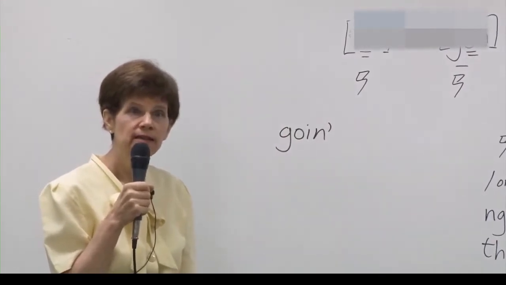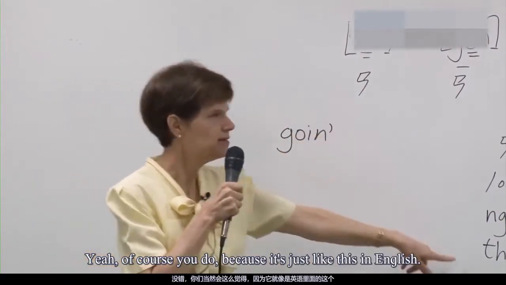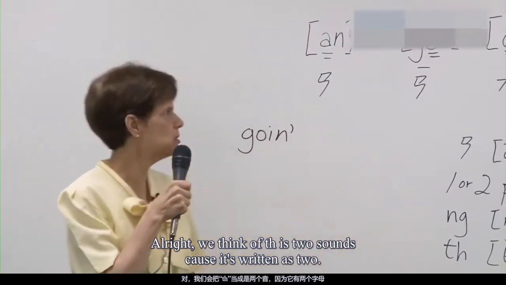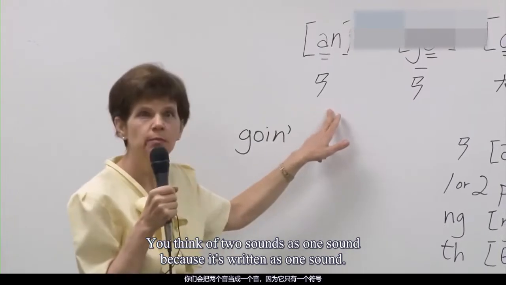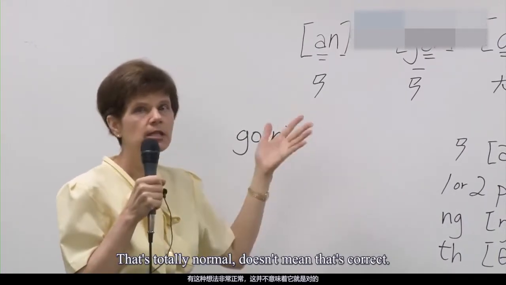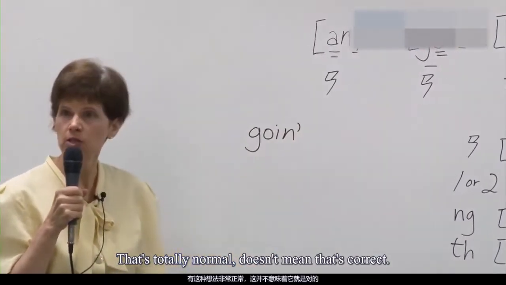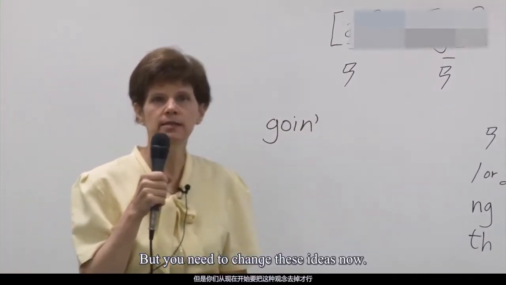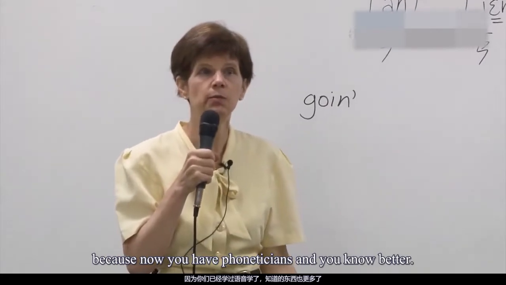Ruby? Yeah, of course you do, because it's just like this in English. We think of th as two sounds because it's written as two. You think of two sounds as one sound because it's written as one symbol. That's totally normal. Doesn't mean it's correct, but it's to be expected. But you need to change these ideas now because now you are phoneticians and you know better.